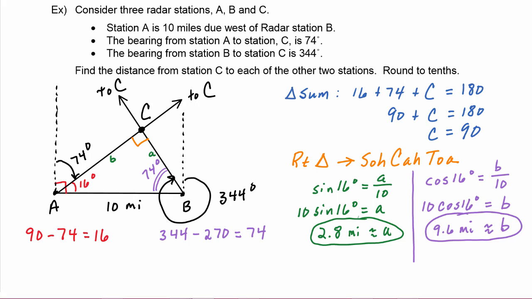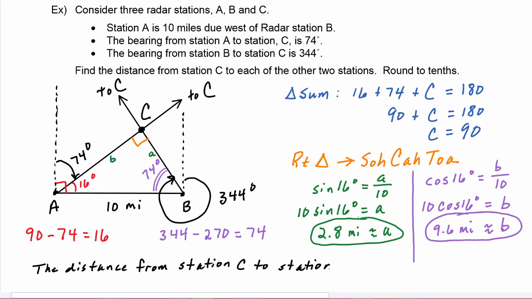Now, because this is a word problem, we need to write a sentence for our answer. So we can say the distance from station C to station A. Well, let's see on our picture now.